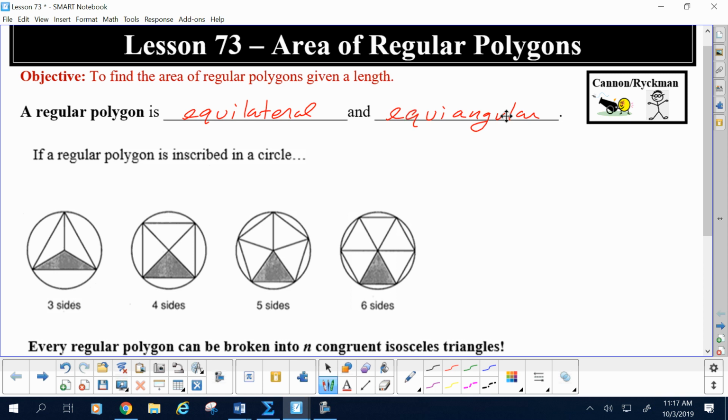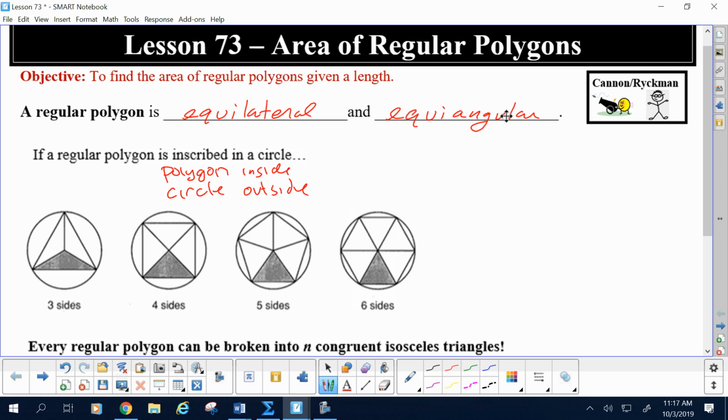Okay. Now, a wee bit of vocabulary. If a regular polygon is inscribed in a circle, then the polygon is inside, the circle is outside. Now you might think, do I really need to be told that?